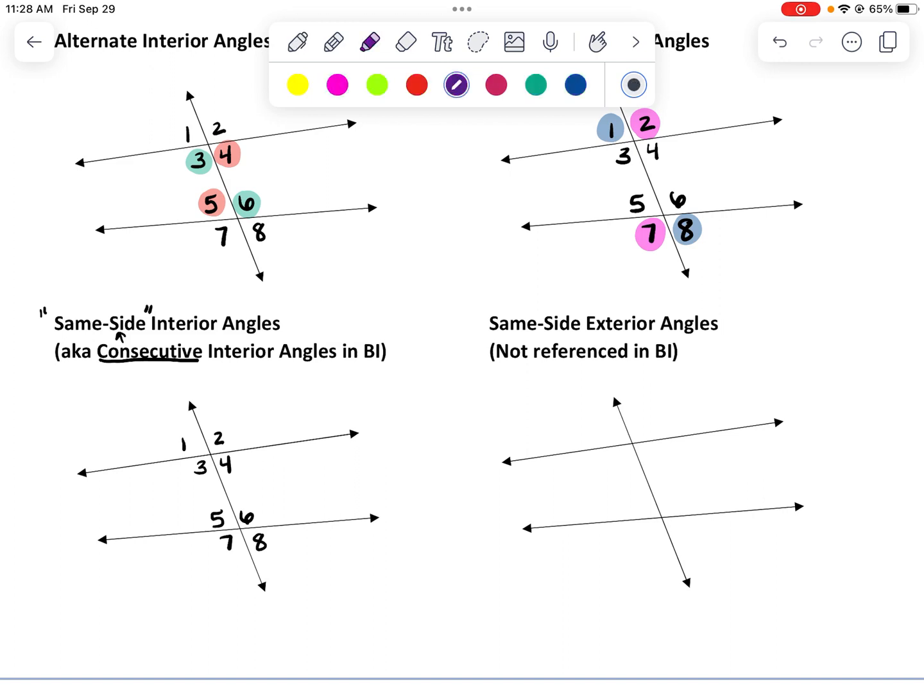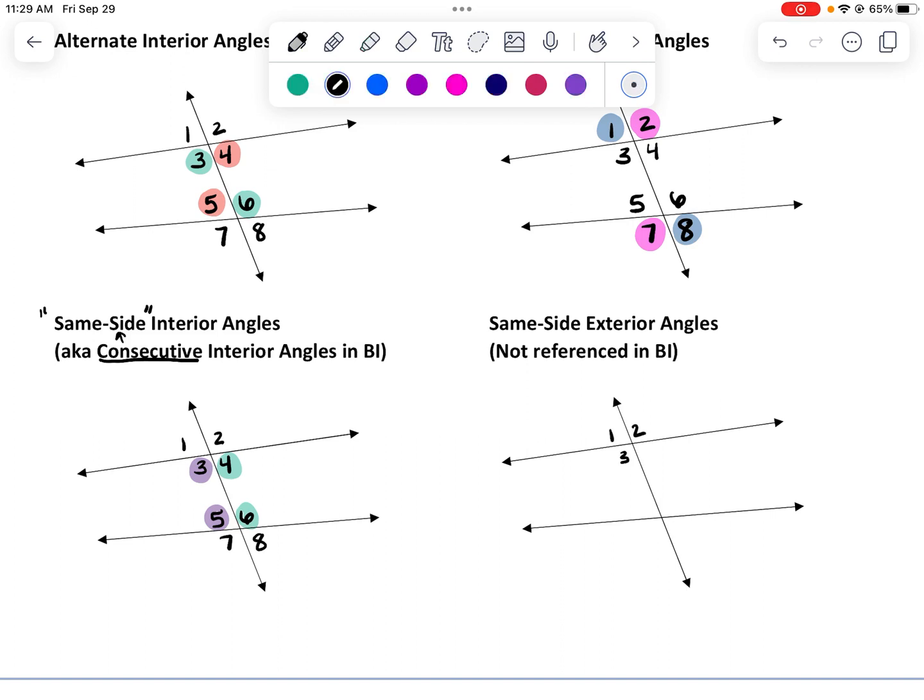Okay, so same side interior. So 3 and 5 are same side interior or consecutive interior. And then 4 and 6 are same side interior, consecutive interior.